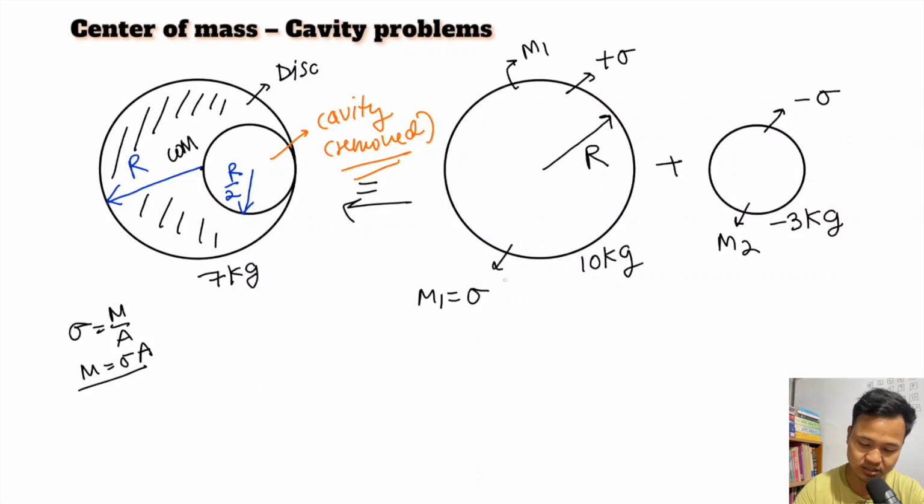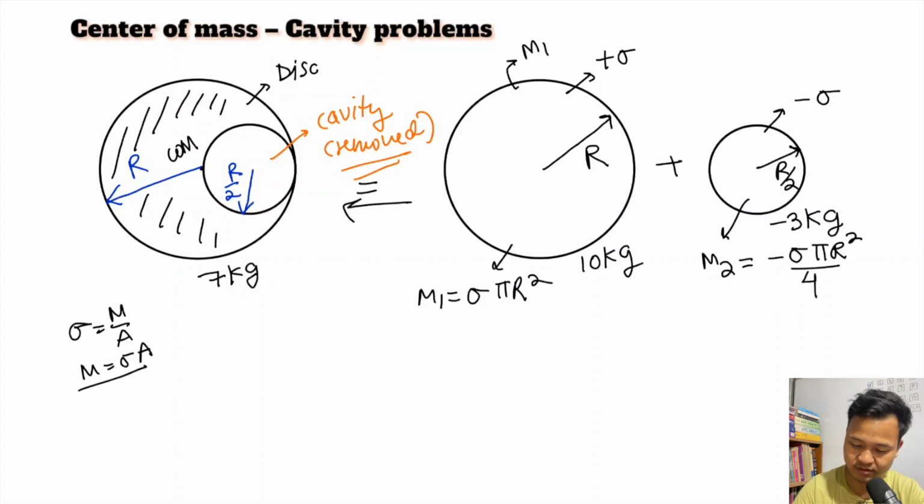This disk has radius r, so the area is pi r square. What will be m2? m2 will be equal to minus sigma into pi into the radius r by 2 squared, so pi r square divided by 4. Okay, right?